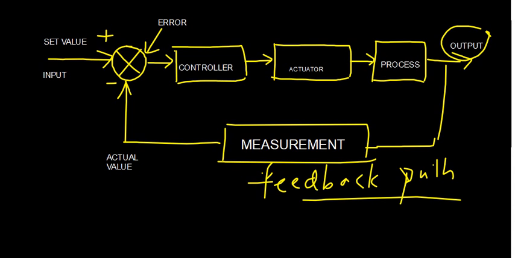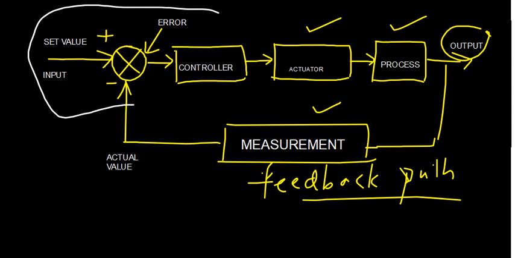So basically, the remaining parts here, whatever I have shown, could it be the actuator, could it be the process, or could it be the measurement? All these things remain the same, but this particular portion now I need to replace by those blocks corresponding to a PLC. So how would you see it? How would you look at this particular thing?